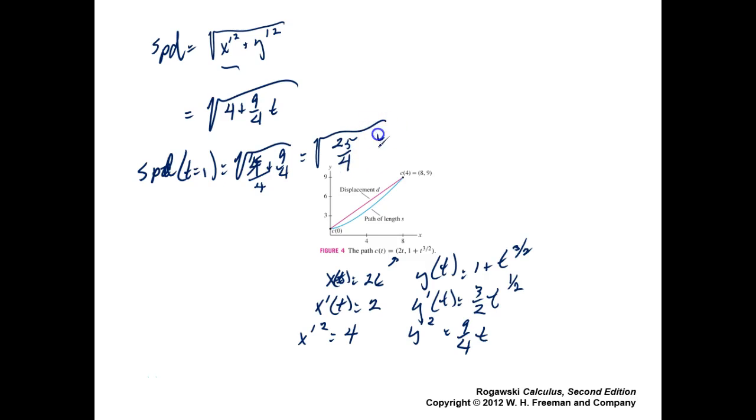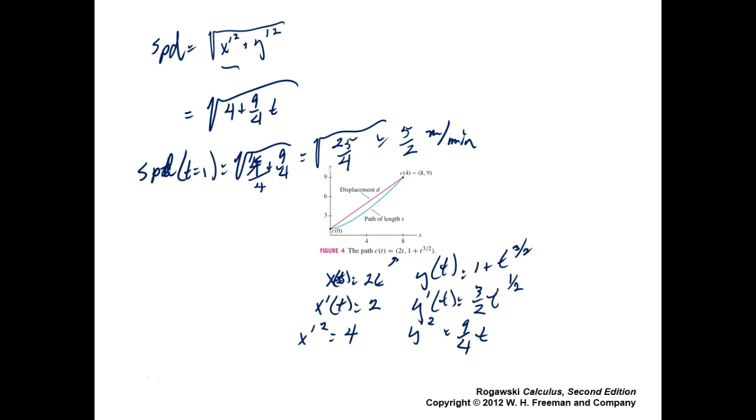What's the square root of 25/4? 5/2. Okay? So that would be meters per minute. Well, that's what they told us to measure in. 5/2 or 2.5 meters per minute. Good. So that's the A part.